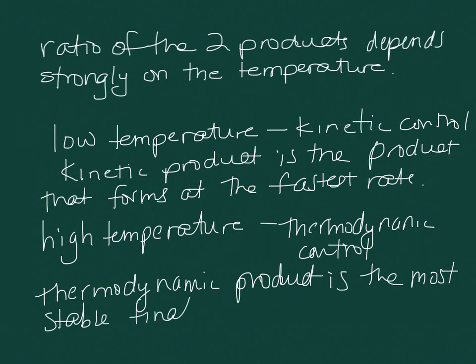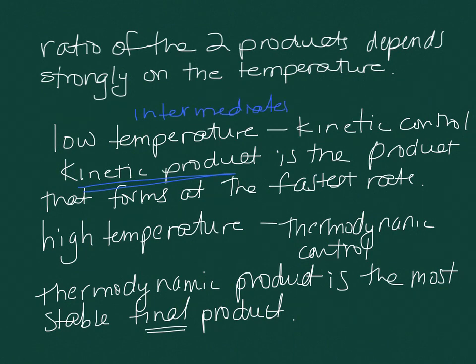I'm going to underline final. So, when you are looking for the kinetic product, you are going to look at the intermediates to decide. You're going to look at the carbocations. When you are determining the thermodynamic product, you are going to see which final product is the most stable.